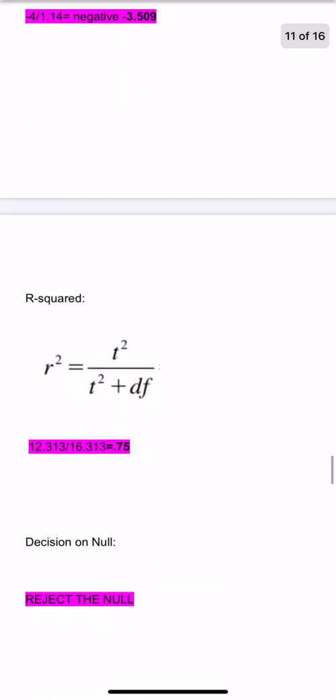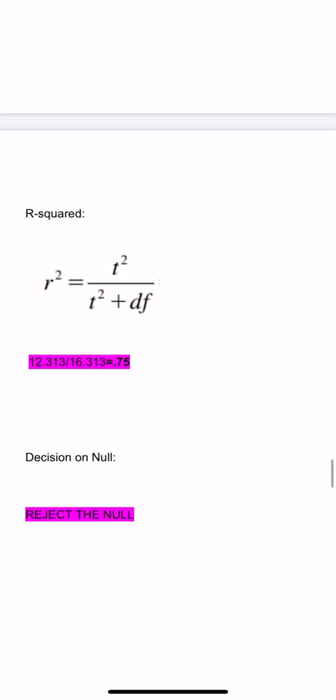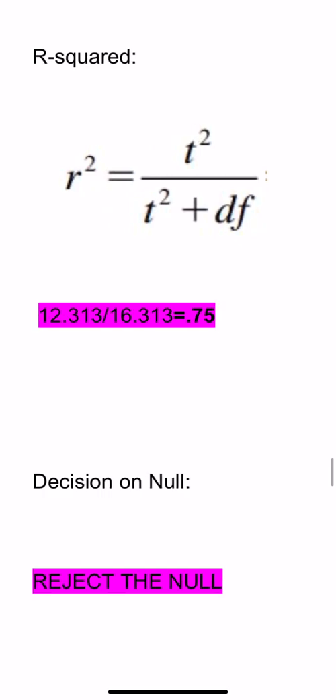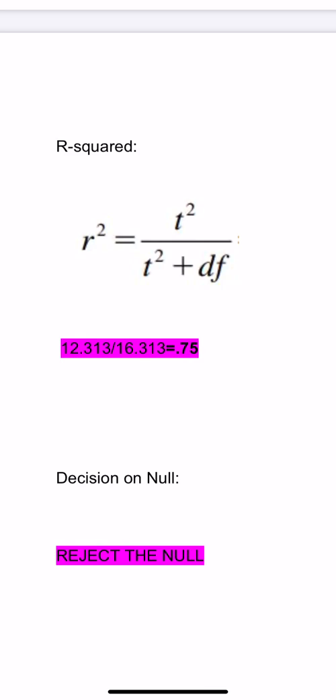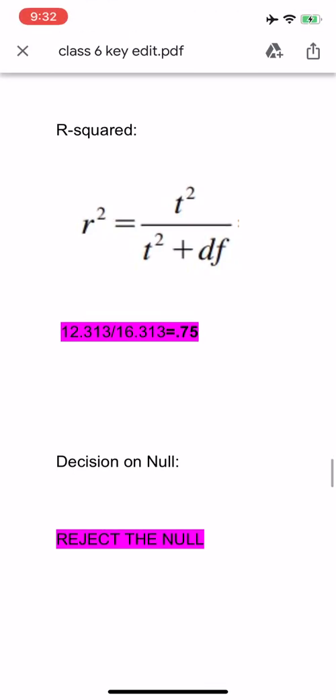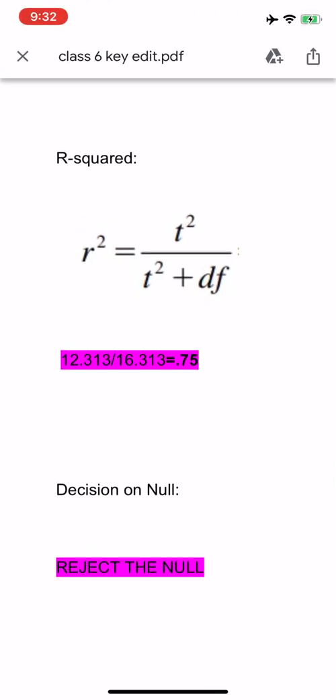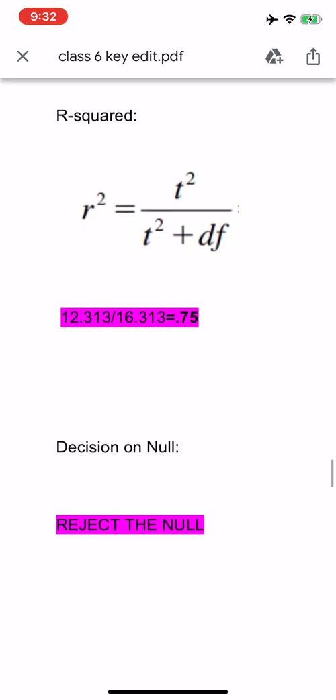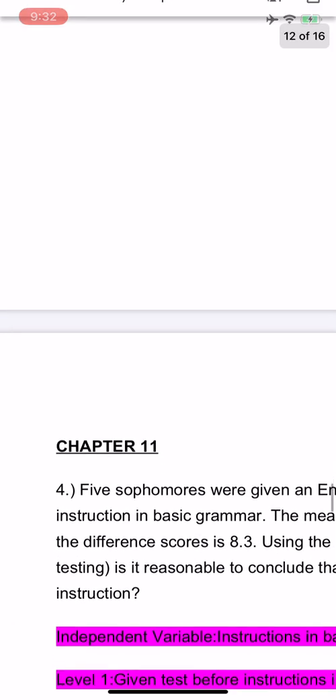So we reject the null hypothesis, and we can also say r squared, we could say 75% of the variance can be explained by the manipulation of the independent variable, which was that course that helped drivers drive slower, which they put the speed detector in their car to check their speeds.